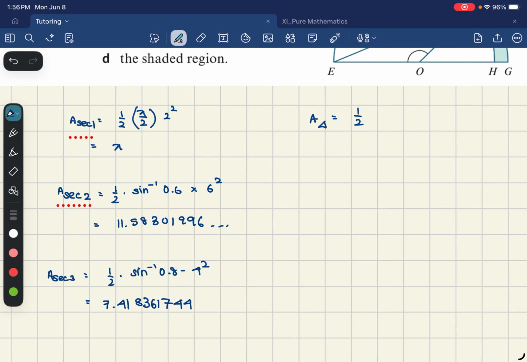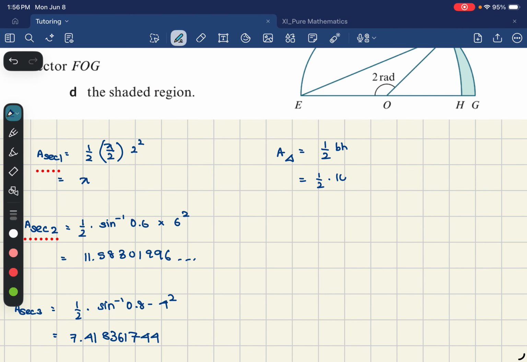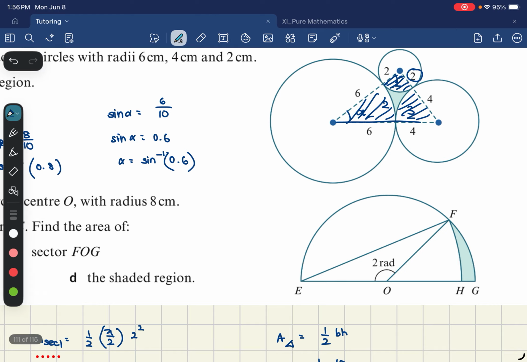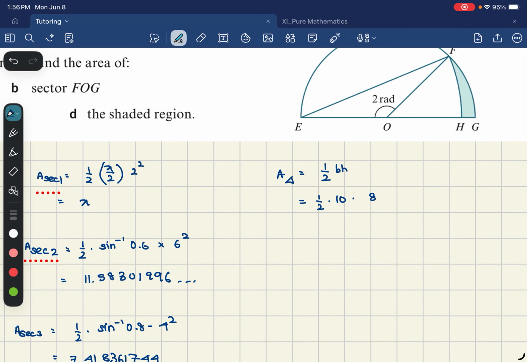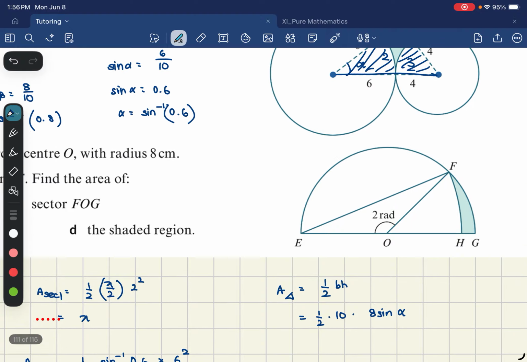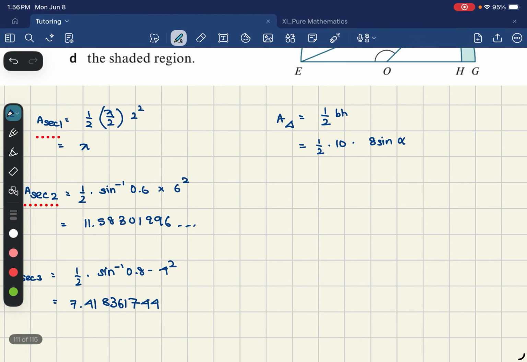Area of the triangle is half base times height, right? Half. The base we already know, discussed, is 10. This is the base. And the height is going to be given by, as discussed in the previous video, 8 sine of alpha. All right, and if you plug in the values, so 0.5 times 10 times 8 times sine of sine inverse.